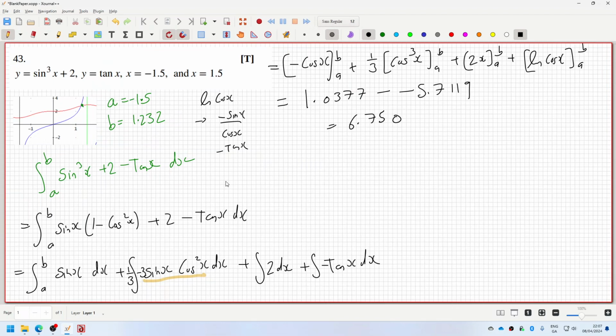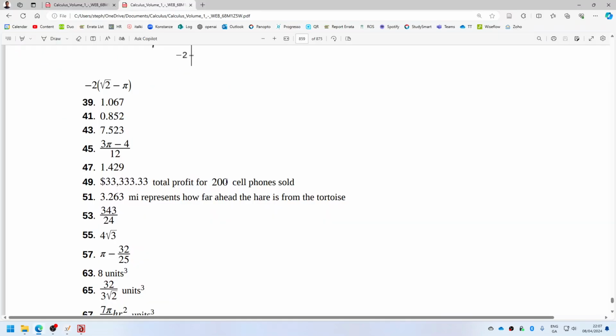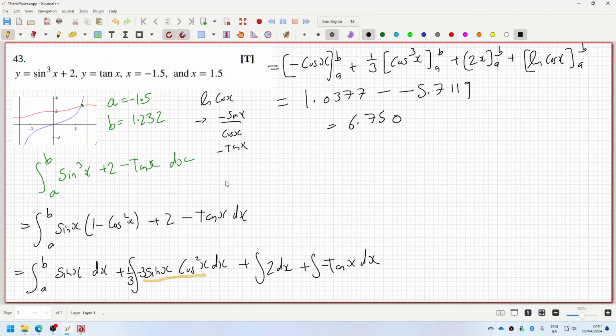Enough that makes me think maybe I made a small mistake. I wonder. 7.523. I wonder what you'd get if you went up to 1.5. Let me see.